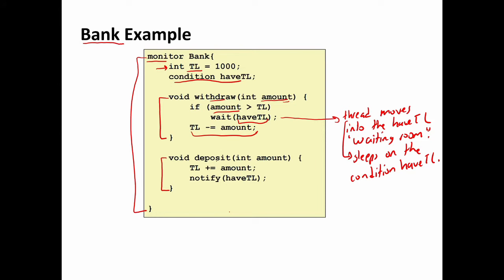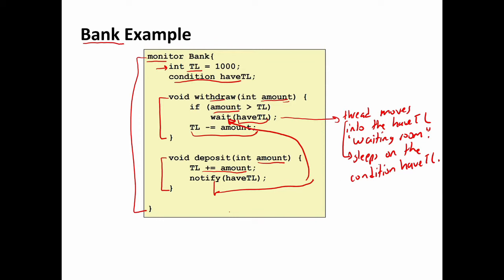In the case of deposit, you're depositing some money, you add it to the current account, and then you do a notify. You can realize that this notify here is effectively a signal that is associated with this wait signal.